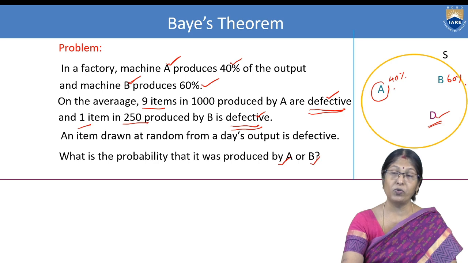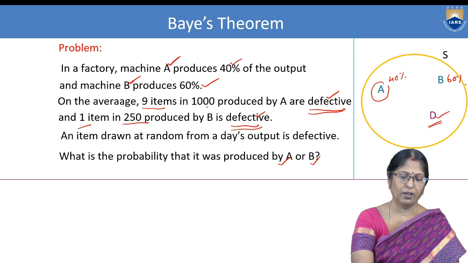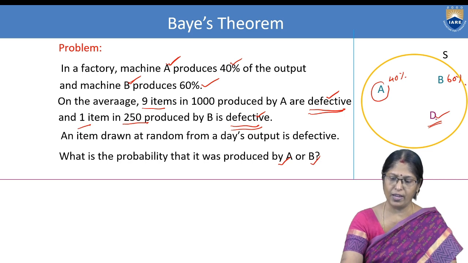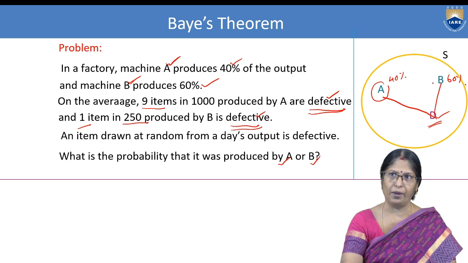Machine A produces the total output, and in the total output some are defective. Regarding A, when it produces 1000 outputs, 9 are defective. Coming to B, out of 250, 1 is defective. So D intersects with A and B in this way.